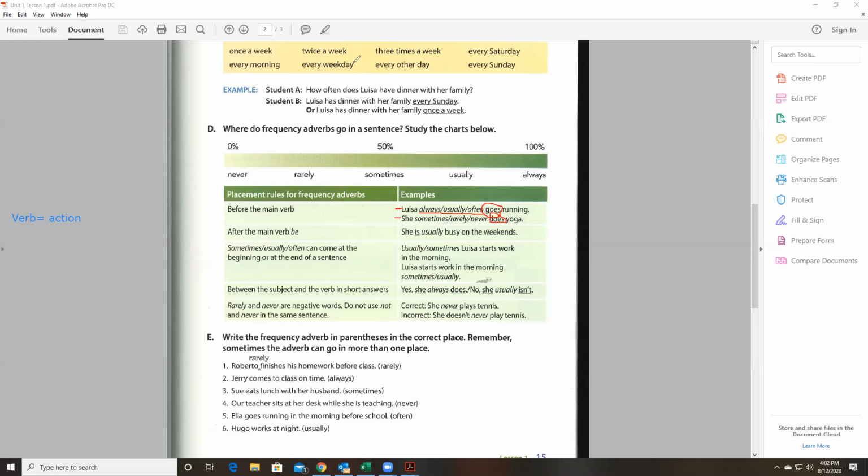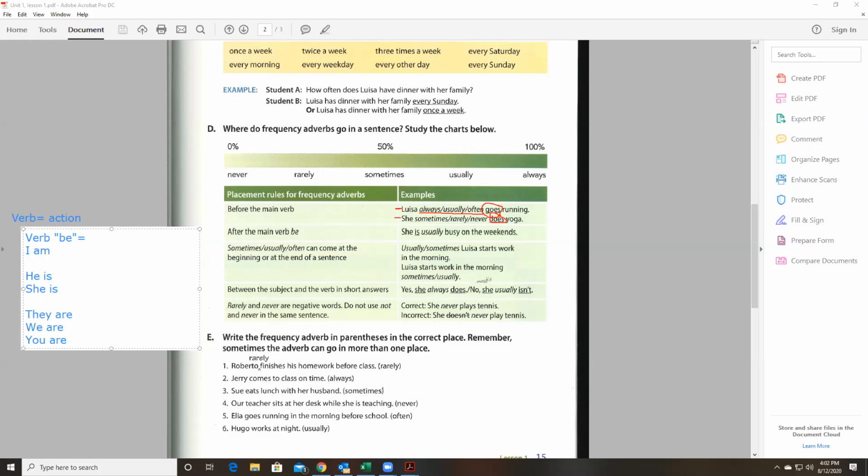Okay, now let's look at the next one. After the main verb, be. Remember your verb be. That is am, is. Remember, I am, he is, they are, we are, you are.